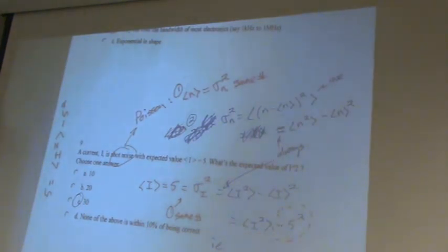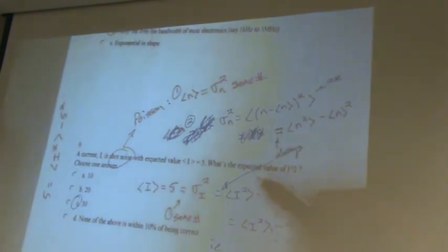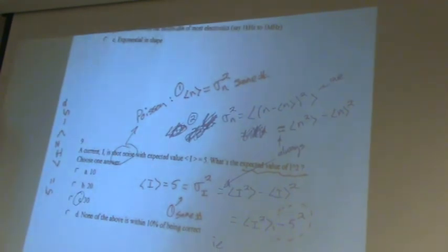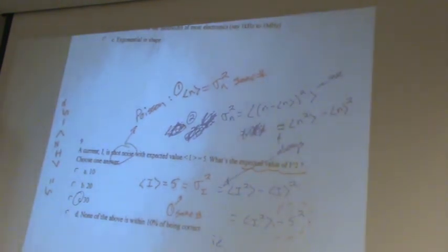So there's also English language here. You're getting exposed to expected value, the average value, which I can write this way, average of I squared. There's a lot of learning going on in one question.